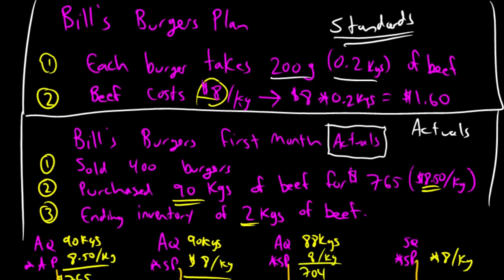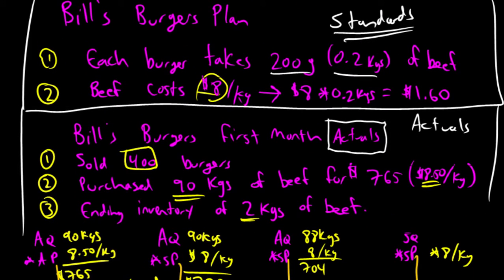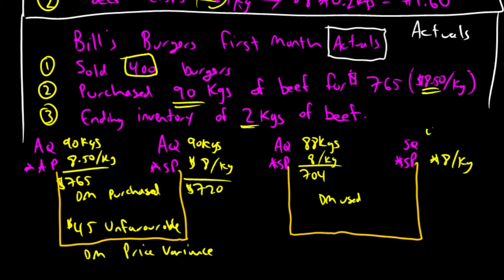So he did actually make 400 burgers. It should take 0.2 kilograms. So 400 times 0.2 means it should have taken 80 kilograms of beef. 80 kilograms times $8 a kilogram is $640.